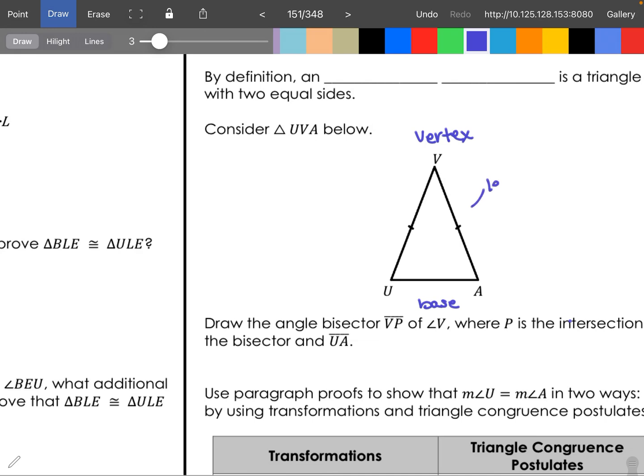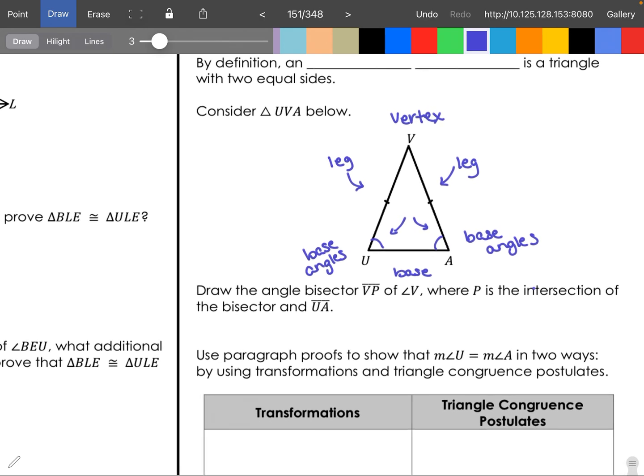So this is a leg. This is a leg. And then these are called base angles. So you have your vertex angle, then you have your two base angles.